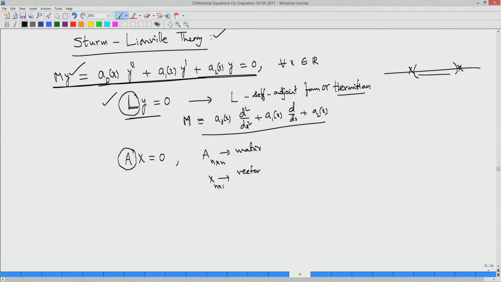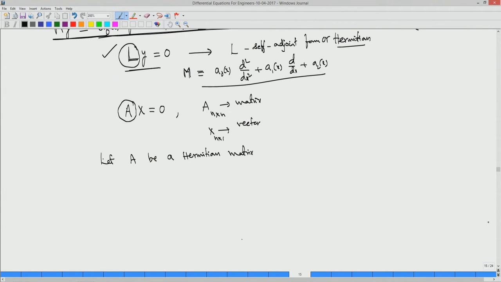You know what the Hermitian of a matrix is. Let A be a Hermitian matrix. What is the meaning? You take the transpose and then you take the bar, and that is how you write A star.